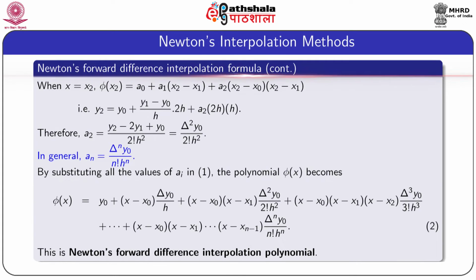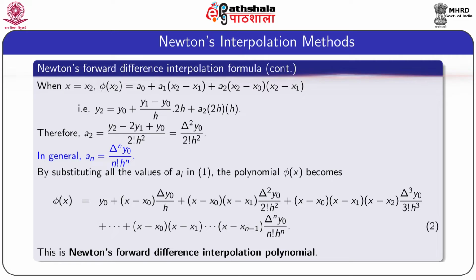So, by putting all these values of the constants in equation 1, we obtain equation number 2. Note that phi(x) equals y0 plus (x minus x0) into delta y0 by h plus (x minus x0) into (x minus x1) into delta 2 y0 by factorial 2 into h square, and so on. The last term contains the factors (x minus x0), (x minus x1) up to (x minus x(n minus 1)), into delta n y0 by factorial n h to the power n.